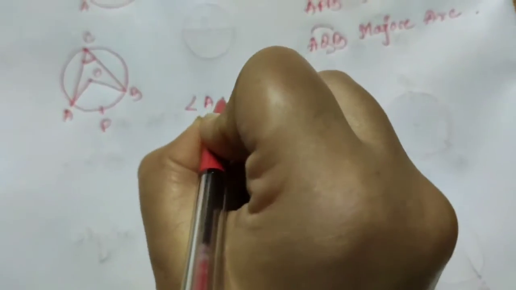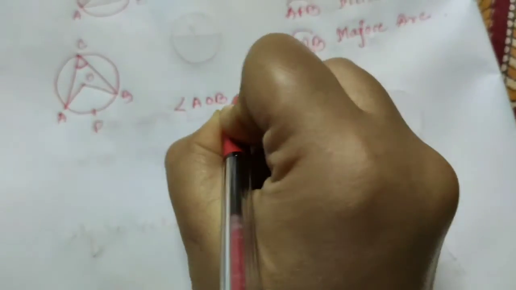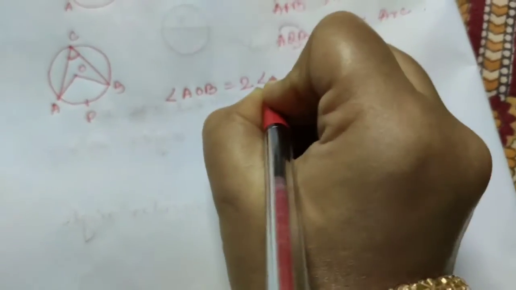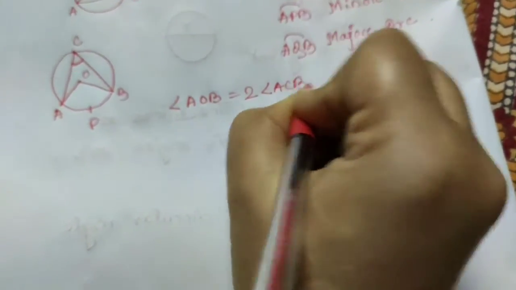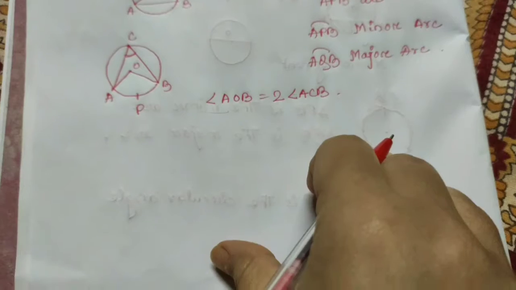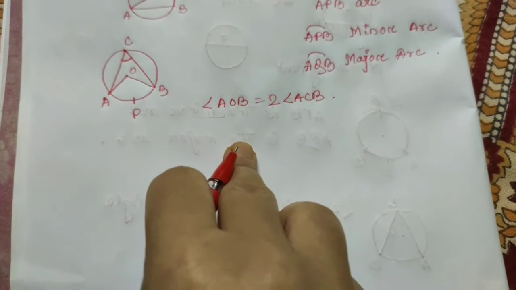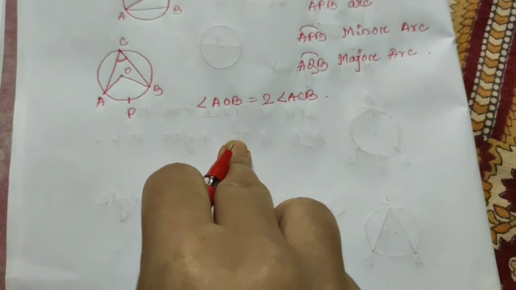Angle AOB is equal to twice the angle ACB.